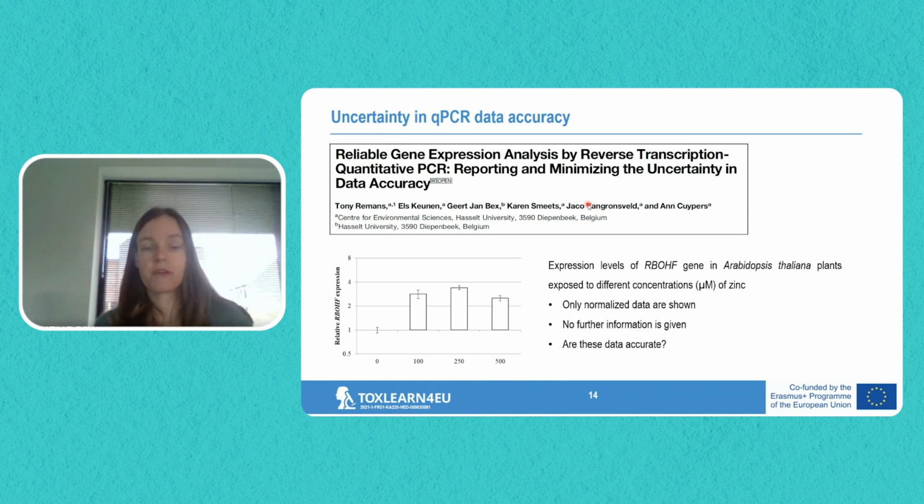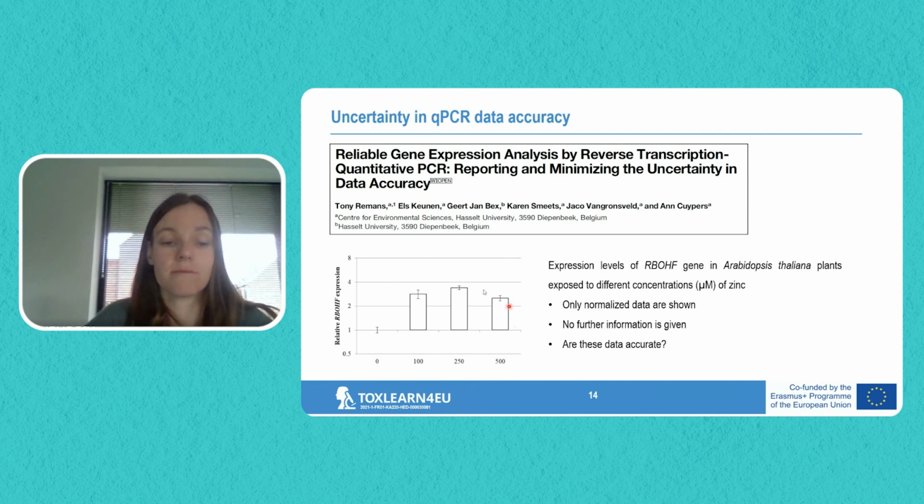But then the first question you could have, of course, is we mentioned here minimizing uncertainty in data accuracy. But the question is, where does this uncertainty then come from? And I will try to illustrate this using the example here. So in this graph, you can see the expression levels of the RBOHF gene.